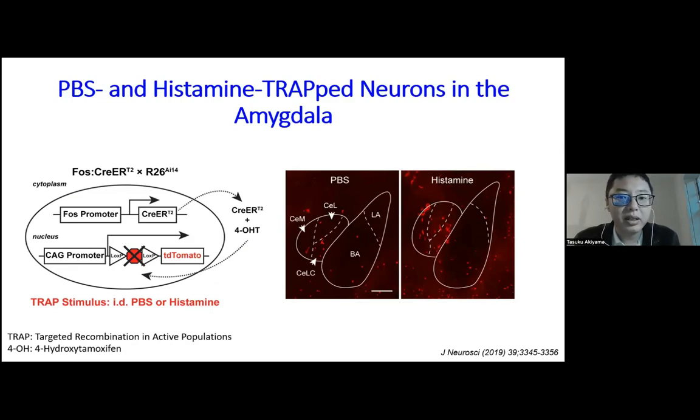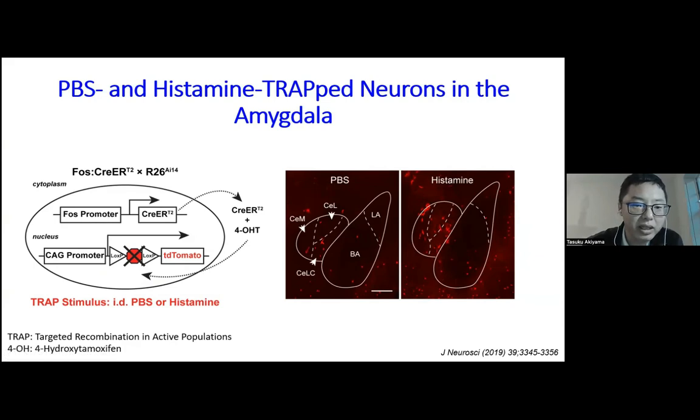So now, next we try to manipulate the itch responsive amygdala neurons. To do that, we use targeted recombination in active populations, which is called the TRAP system. To use the TRAP system, we use the Fos-CreERT2 Ai14 mice. So in these mice, the CreERT2 is under the Fos promoter.